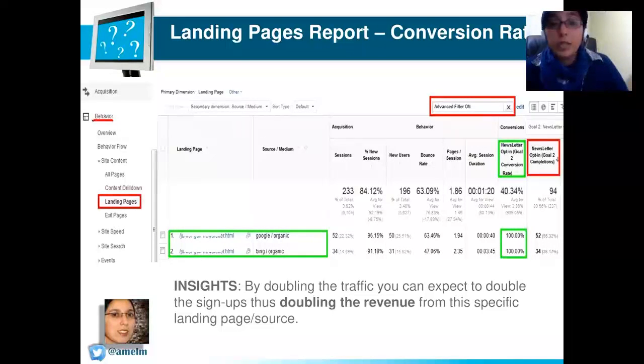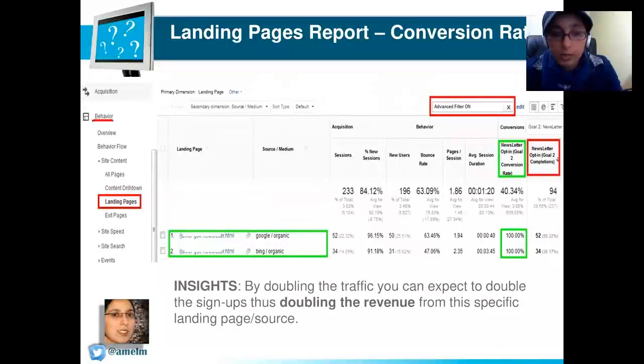So as I said, the insight from this report is that you have the landing pages and you have their conversion rate. You can see which pages are converting the best. For this example, one of the pages, and I'm sorry, you can mask them for privacy reasons.